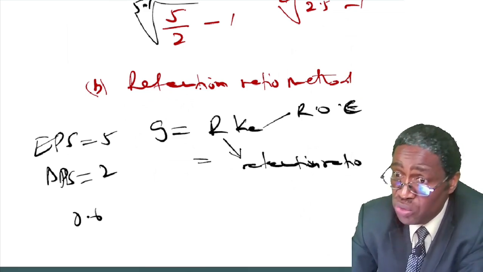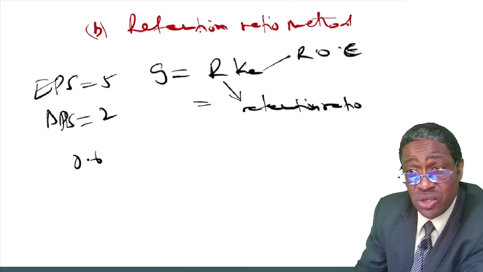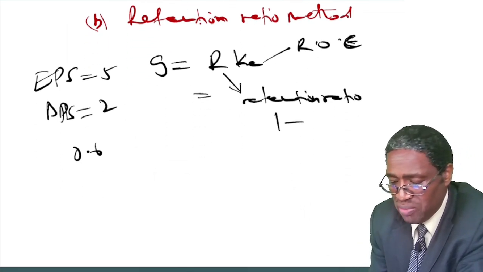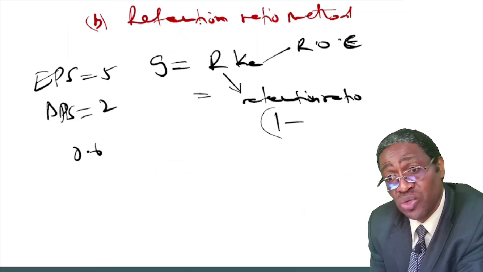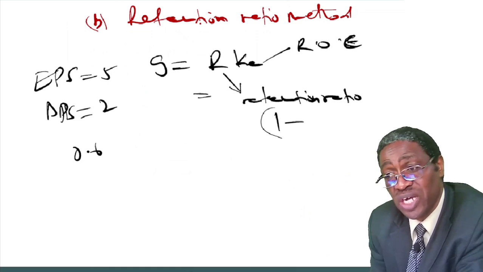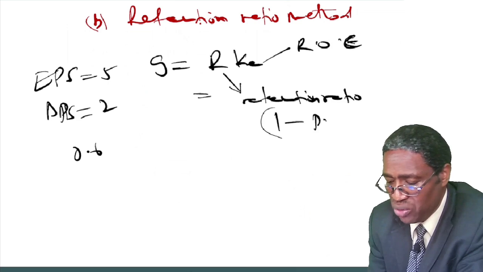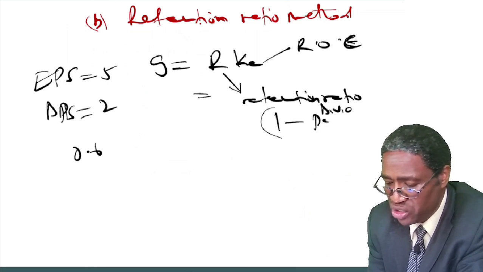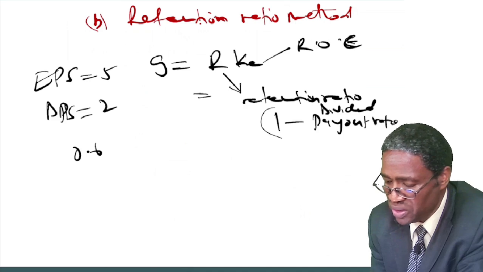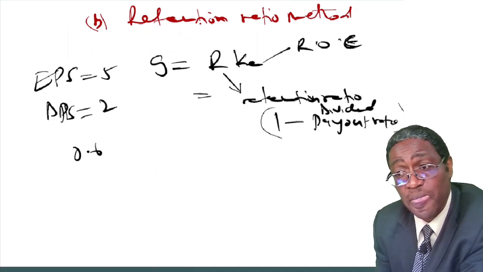I also told you, you can get the retention ratio by taking 1 minus the dividend payout ratio. What is the dividend payout ratio?